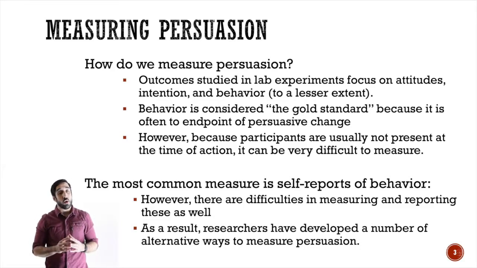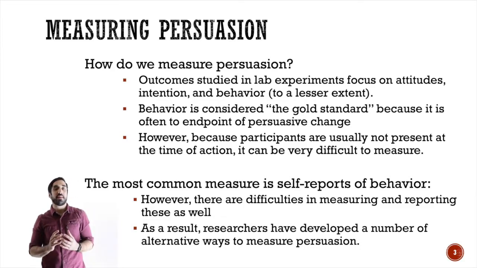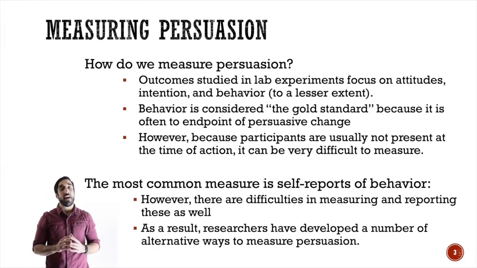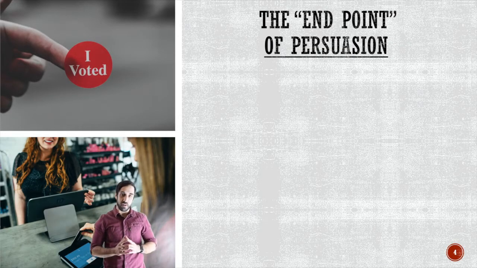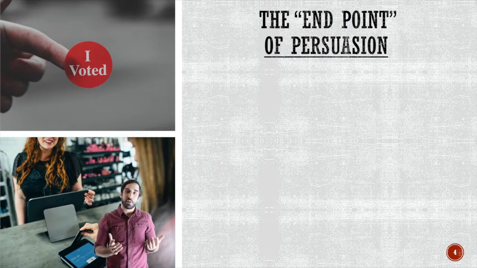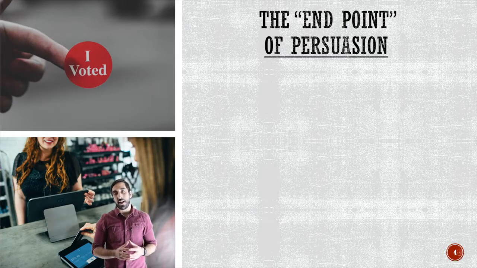So as a result, researchers, coming up with ways to handle this challenge and frustration, have identified a number of proxies or alternative measurements for understanding behavioral change. Think about a politician, for example. A politician spends their entire campaign not knowing whether or not you'll actually pull the lever for them or actually vote for them.